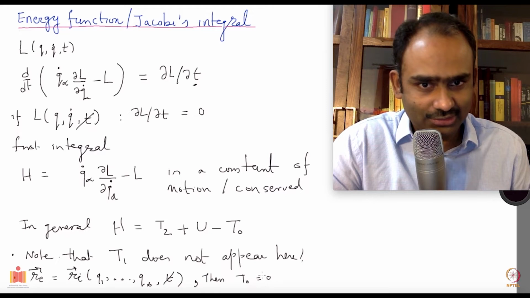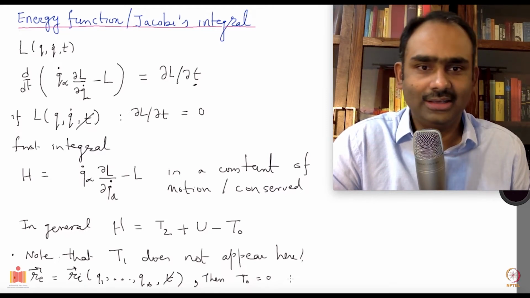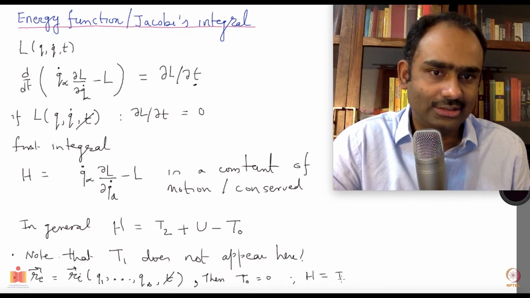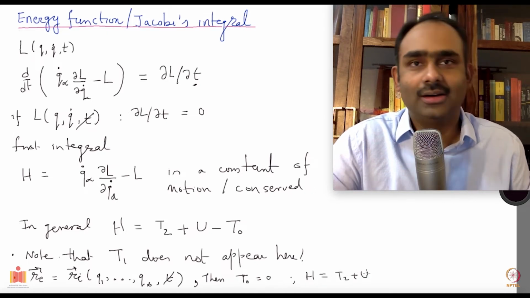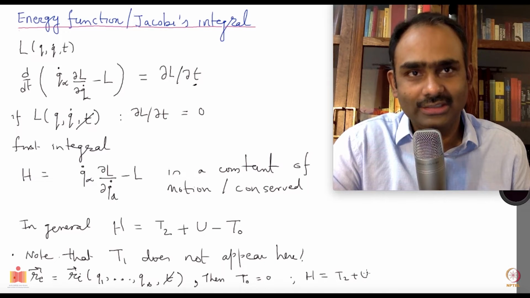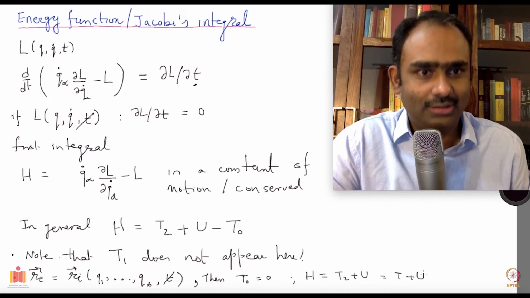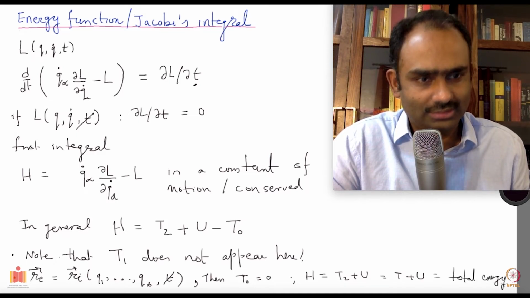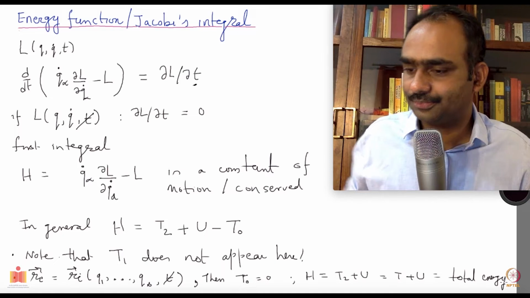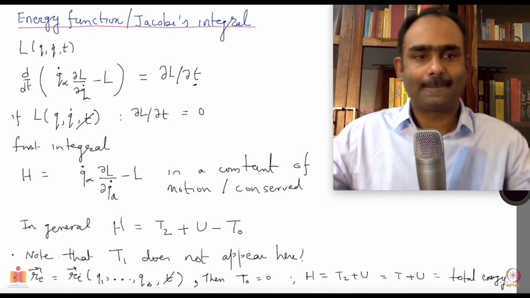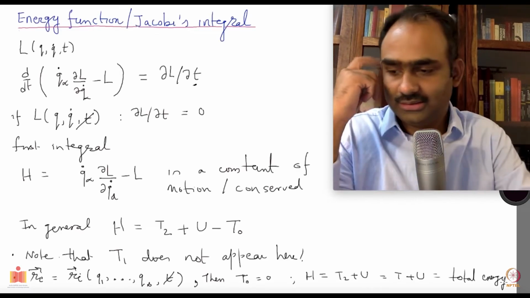So T0 is 0, T1 is also 0, and then your h is just T2 plus U, but T2 is the only term which appears in the kinetic term, so it is the same as T, and this is the total energy. That's what we talked about last time, and from here we want to take it further.